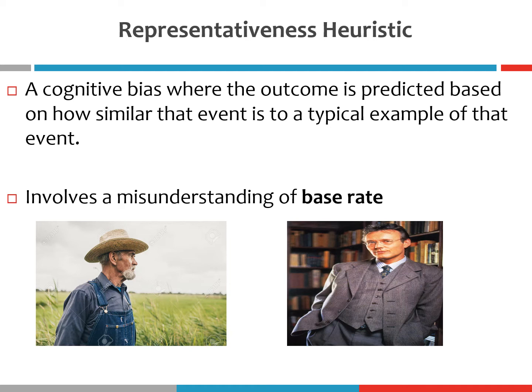So essentially what's happening in this problem is, again, people are thinking about what characteristics they would typically ascribe to a librarian, and if the description provided resembles those characteristics, then they assume that that particular outcome is more likely. But they fail to consider, in this case, the probability or the base rate associated with that particular outcome.